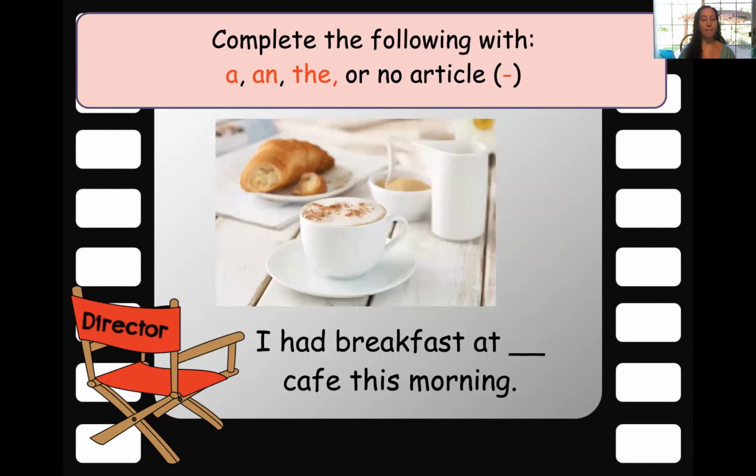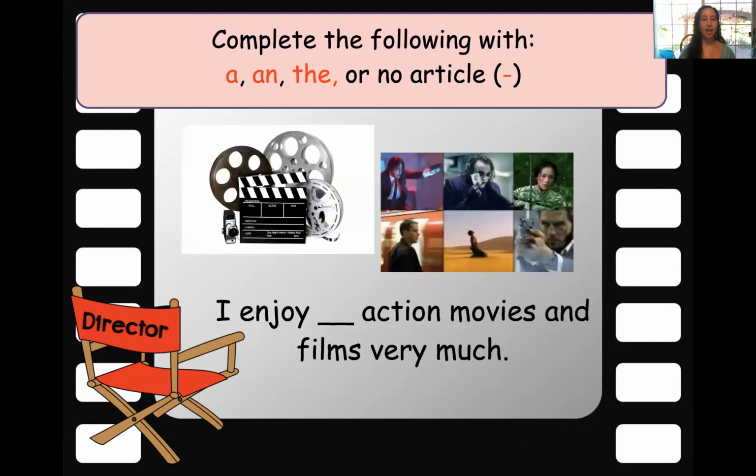I had breakfast at blank cafe this morning. I had breakfast at a cafe this morning. Did you get it? Congratulations if you did. You've been studying so hard. I enjoy blank action movies and films very much.